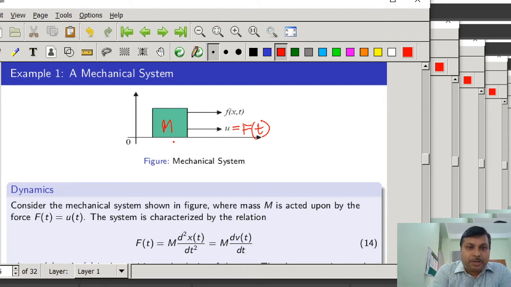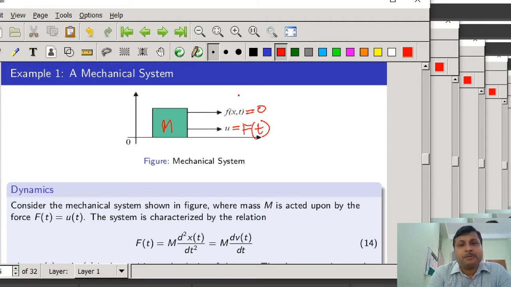Some disturbances may act, but for the time being we will assume that the disturbance f(x,t) is equal to 0. We will not consider any disturbance to the system.